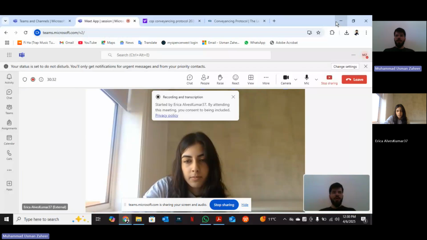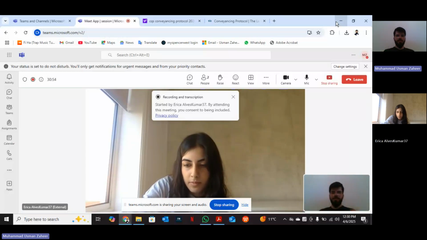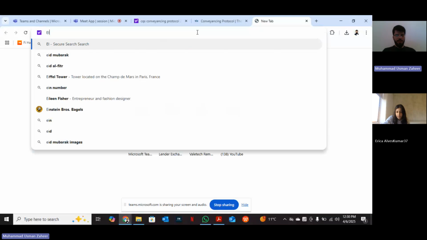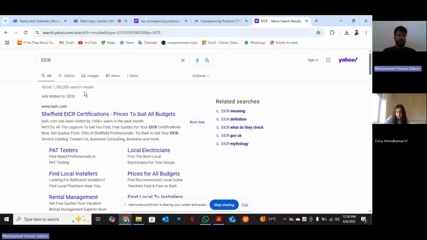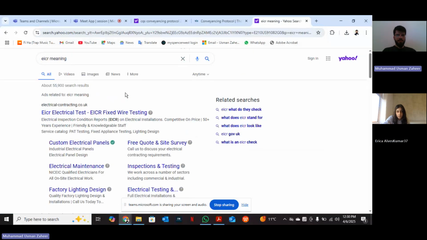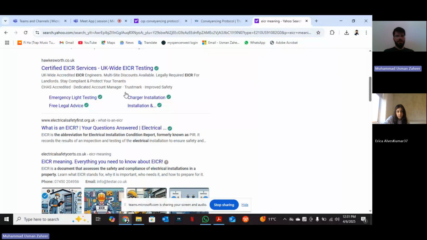For instance, if the property was never tenanted, you do not need an EICR report, the electrical installation condition report.